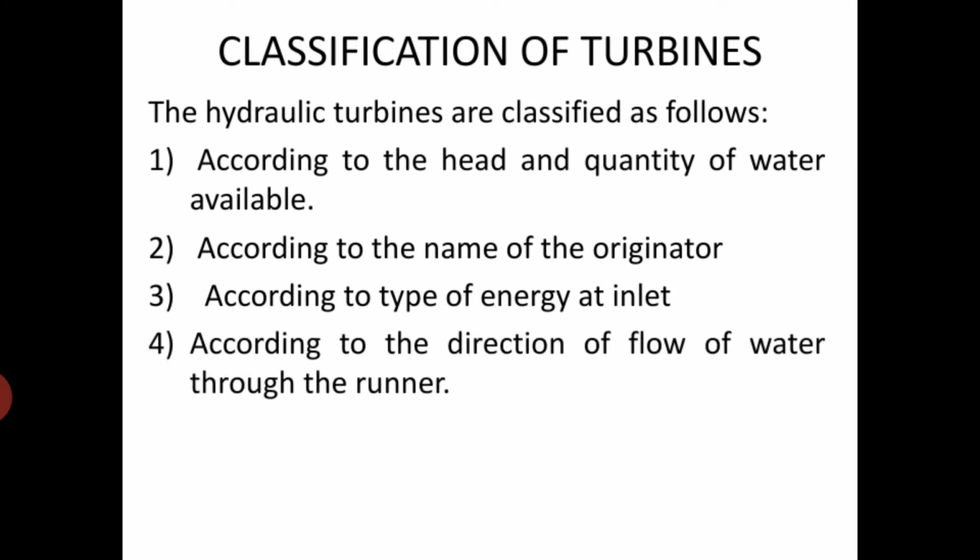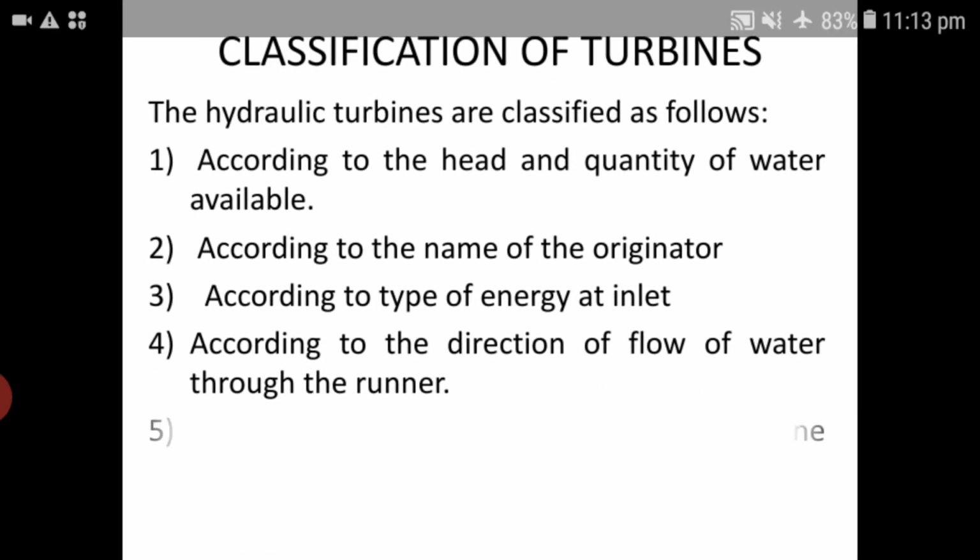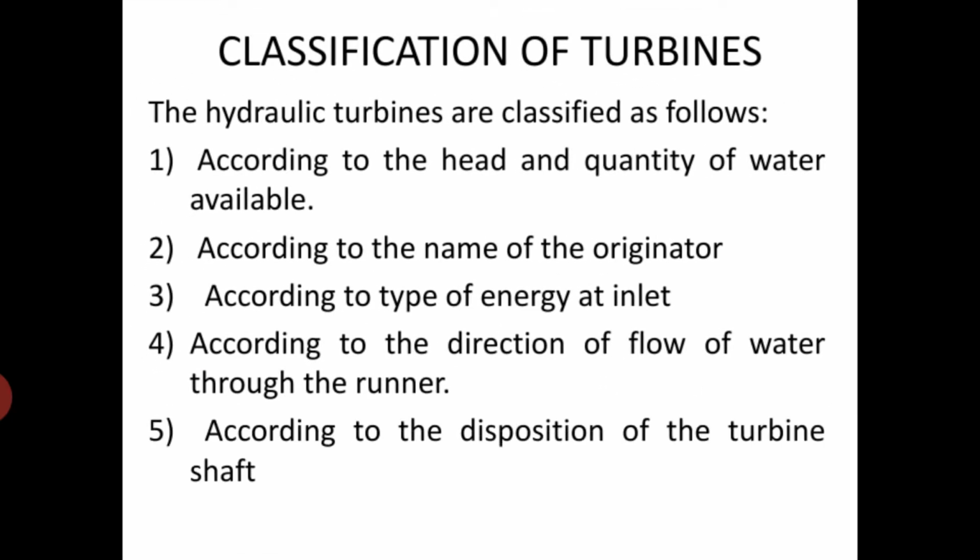Then the fourth classification is according to the direction of flow of water through the runner, and the fifth classification is according to the disposition of the turbine shaft. Then the next classification is according to the specific speed of the turbine.